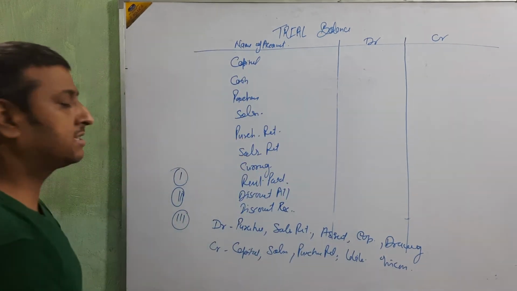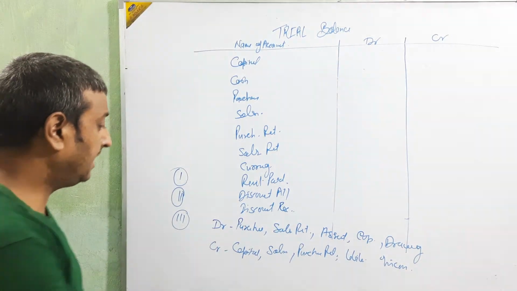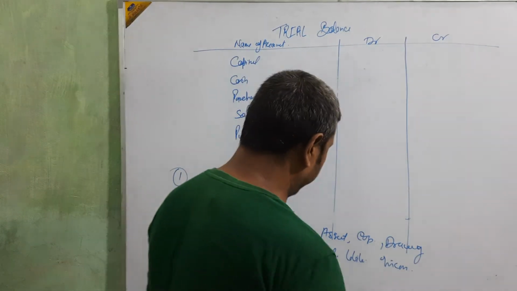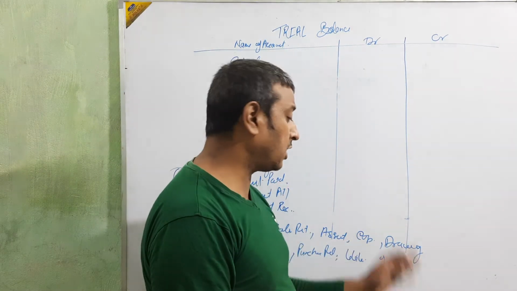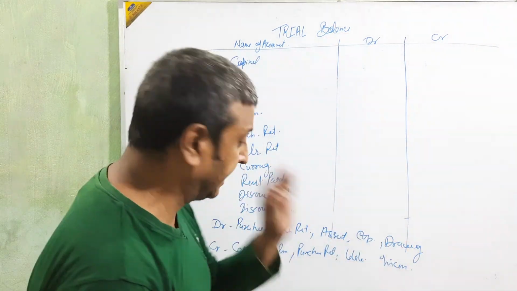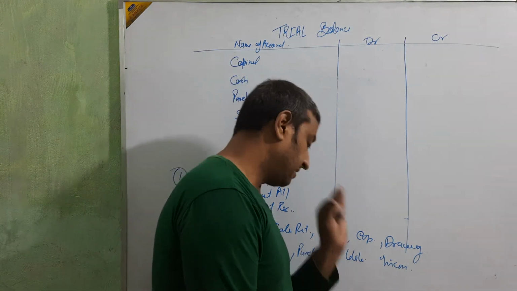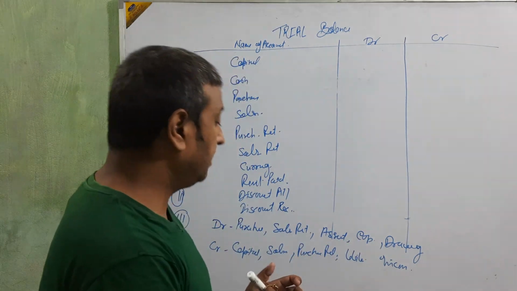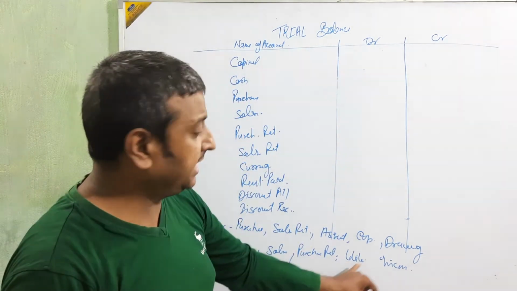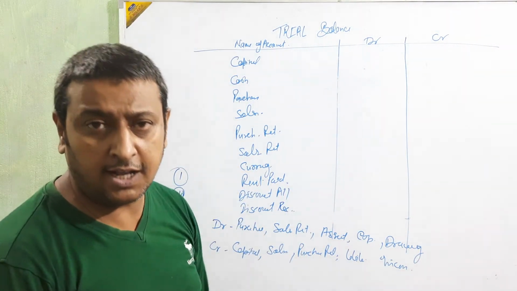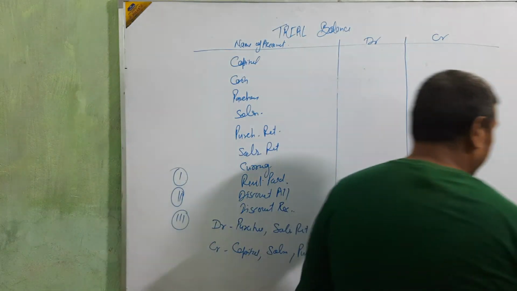These balances will be credit. Okay, beta? Purchase, sales return, assets, all expenses, drawing: balance always debit. Capital, sales, purchase return, liabilities and income: balance will be credit. Okay beta?